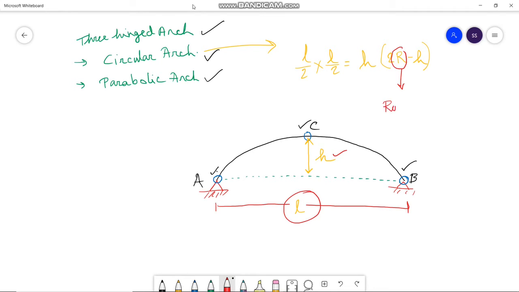So this is the radius of the circular arch.